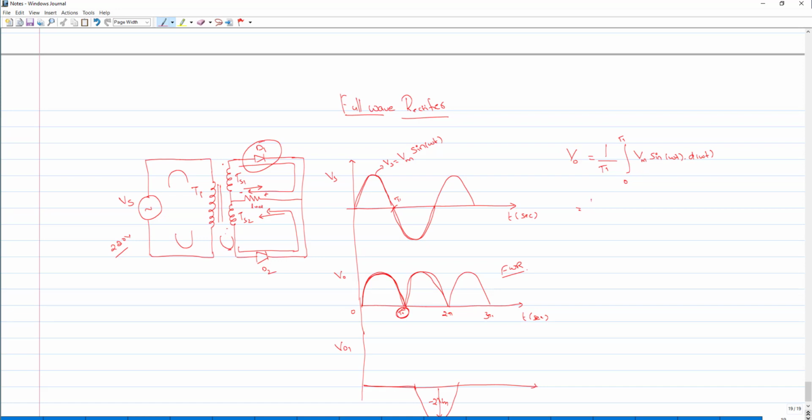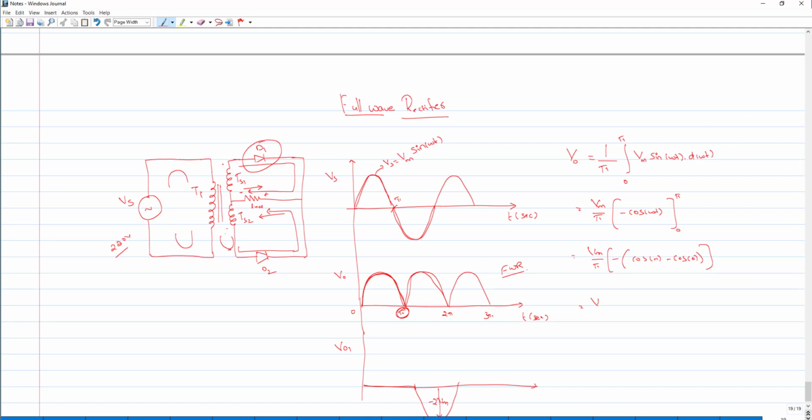So Vm you take outside, Vm by pi integral sin theta is minus cos theta over the limits of 0 to pi. So this is Vm by pi minus cos pi minus cos 0.